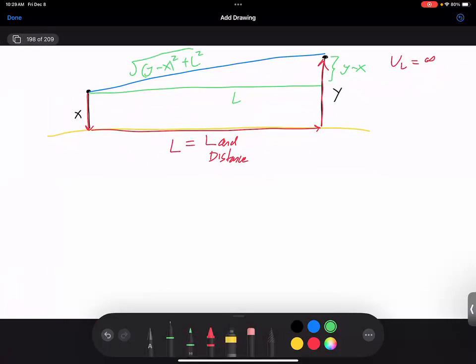Right? And so what do we need that to equal? So we need the square root of y minus x squared plus L squared to equal what? X plus y. Well, that's the place where we're indifferent.